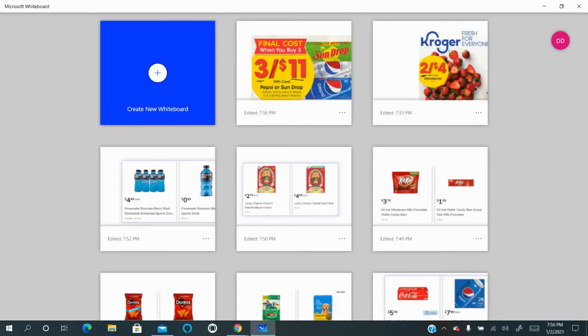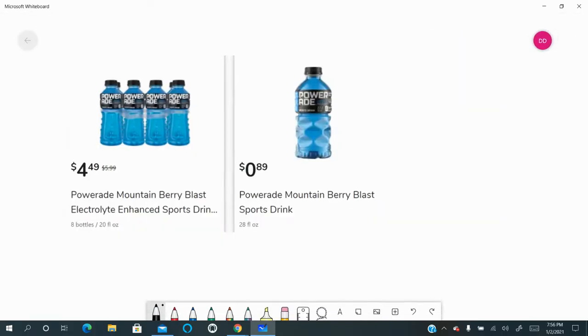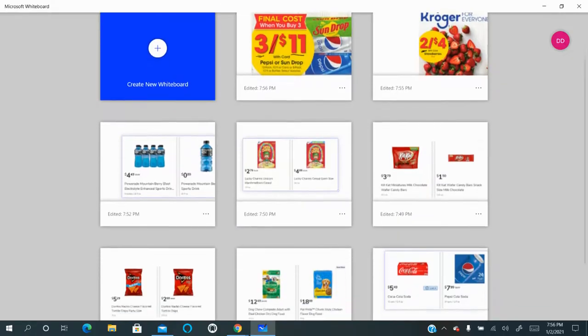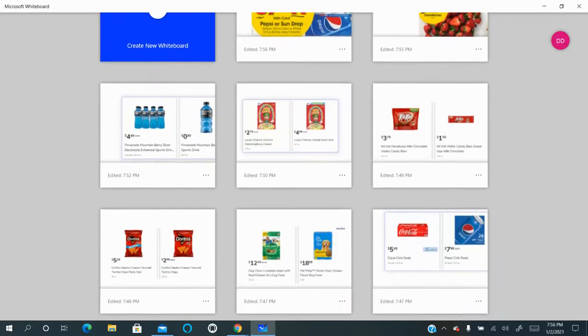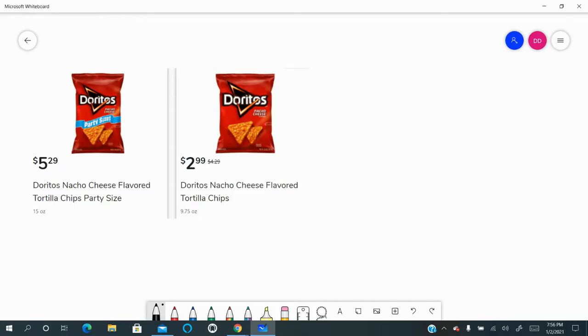Okay, next let's look at one like, oh wait, I don't want to go to that one yet. Hold on. Let's go to something like Doritos. Okay, here we're comparing two prices. I searched for Doritos in the Kroger's ad, and I saw $5.29 for the party size bag and $2.99 for the regular size bag.